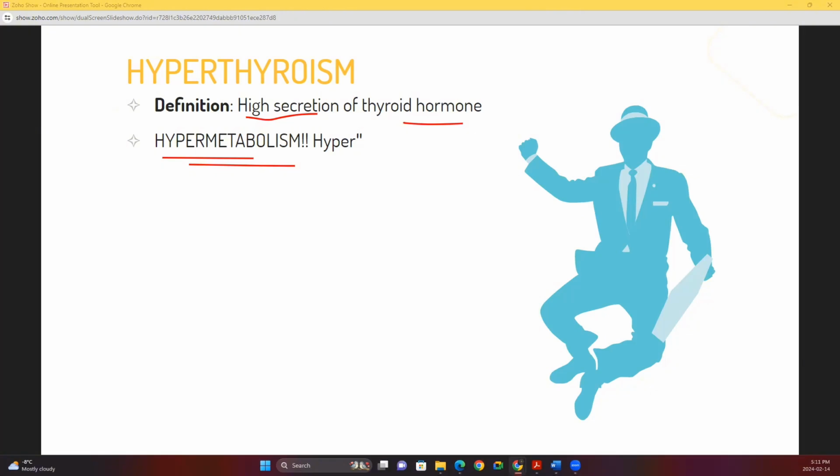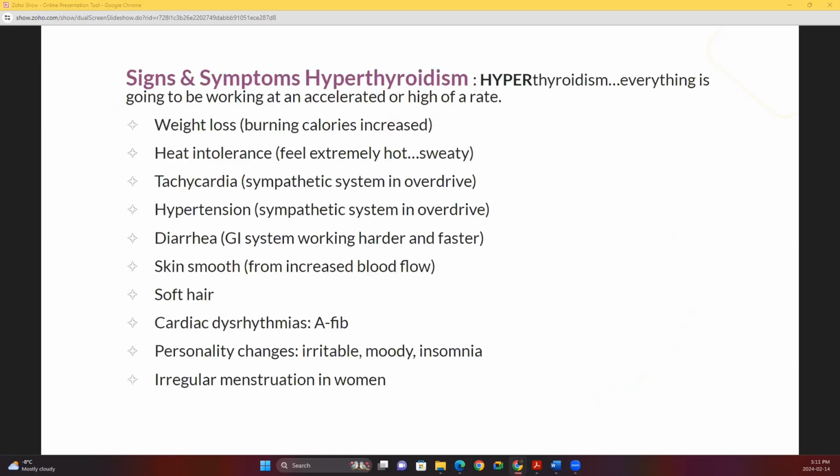What will happen to your mood? Hyper, irritable, moody. Will you be insomniac or sleepy? Insomniac. What will happen to your weight? It will be lost. So these are weight loss, heat intolerance, tachycardia, hypertension, diarrhea.